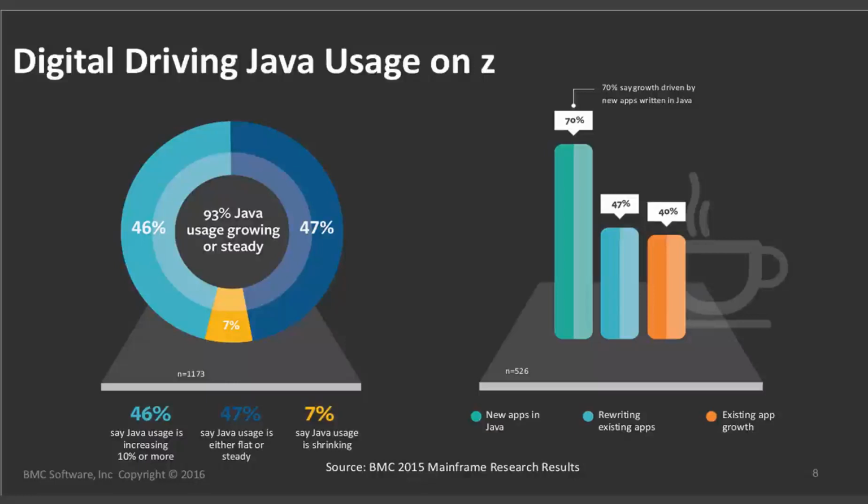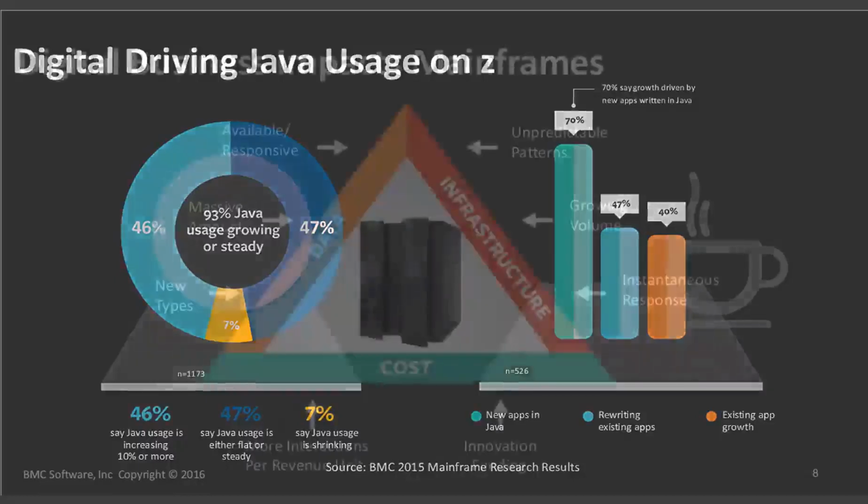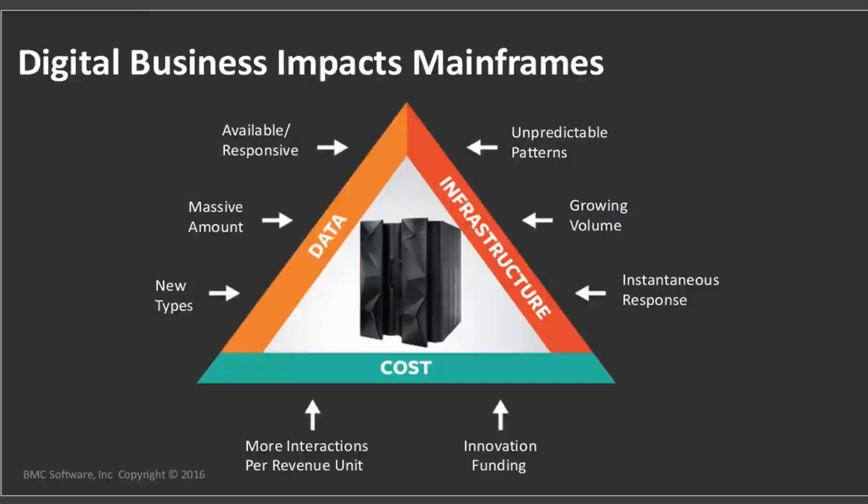So when we think about the digital activity, it's a combination of more activity to existing applications plus this explosion of new applications, many of which may be driven by the ability to run Java on the mainframe platform. All of this is coming together. It's almost like a perfect storm.